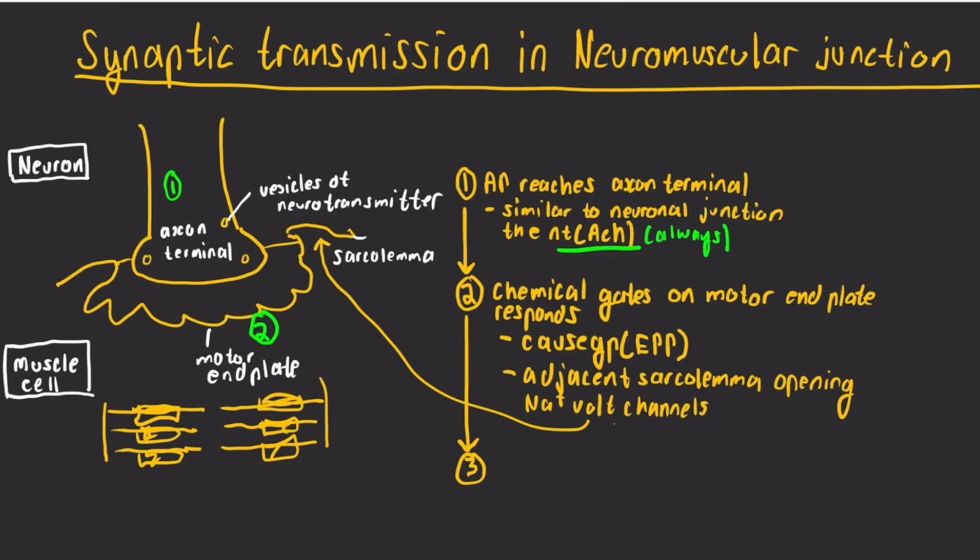So remember, keep in mind, this is a very simplified take on the neuromuscular junction. So the end plate potential always becomes an action potential.